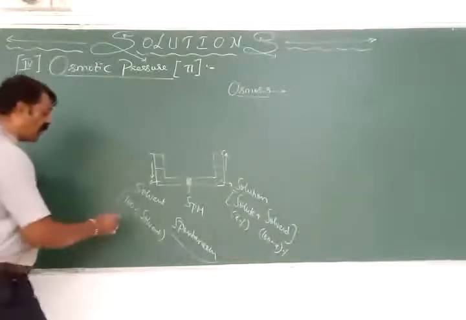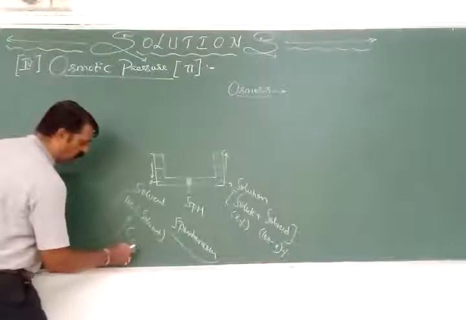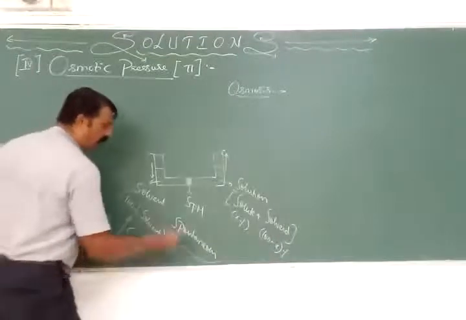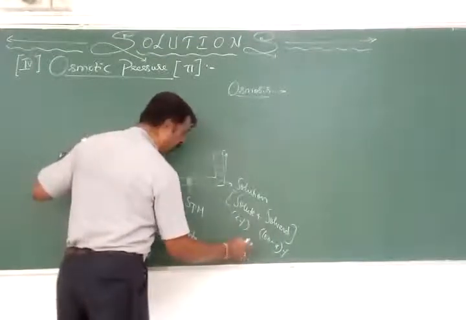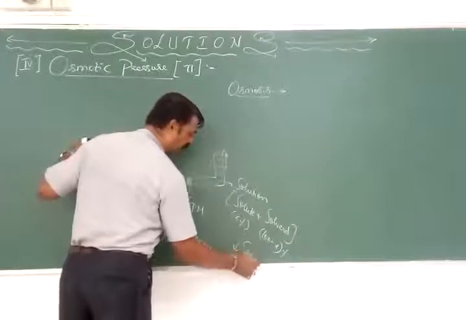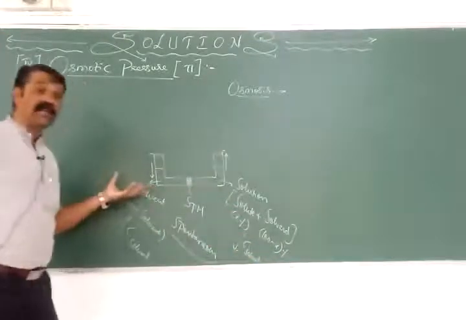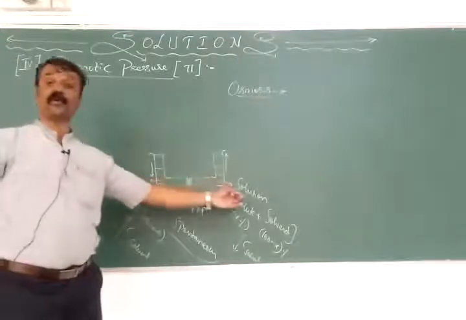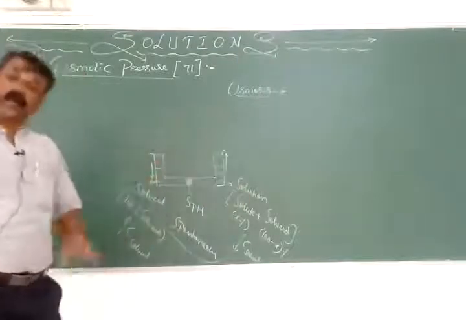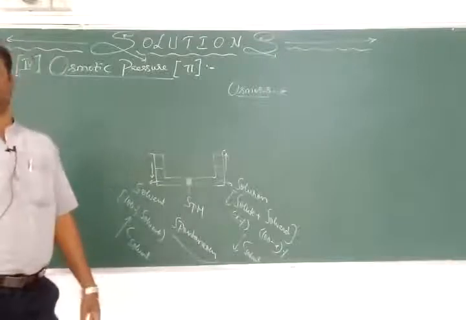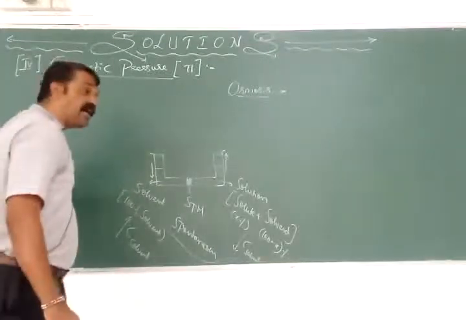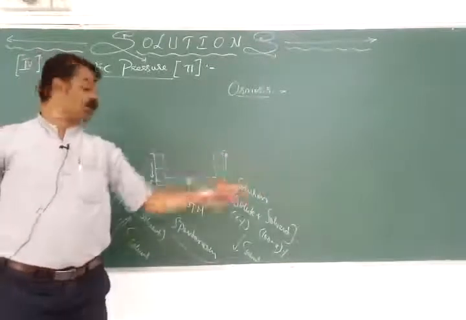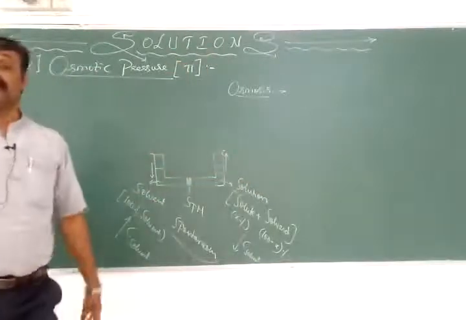So we have a high concentration of solvent on one side and here the concentration of solvent is going to be less. Here the concentration of solvent is maximum, 100%, because it is pure, and there it is going to be less than 100%. So the solvent molecules will start to move from the region of higher concentration to lower concentration through the semi-permeable membrane.